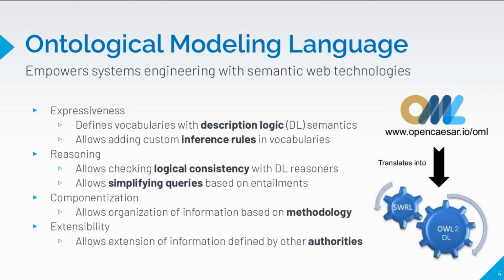What we ended up with is discovering a set of patterns of using OWL that allow you to model properly, especially since OWL adopts the open world assumption that makes it a bit tricky to formulate what you want and get the reasoner to give you results. So OML is basically a DSL built around this set of patterns, and it can produce the corresponding OWL. So we use it like a compiler into OWL.